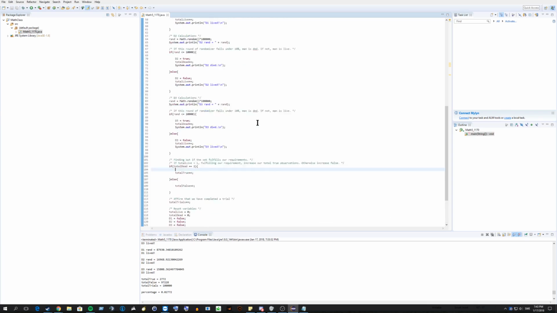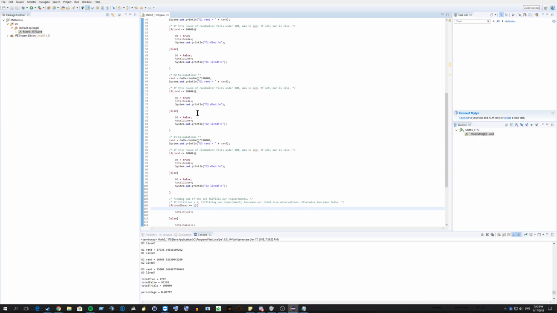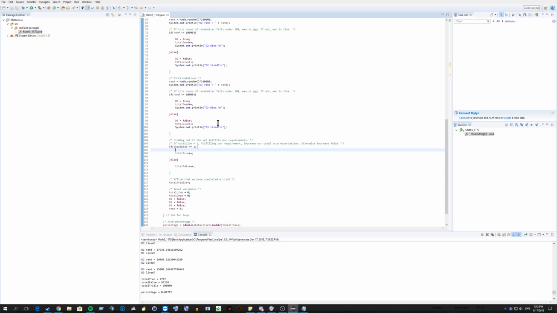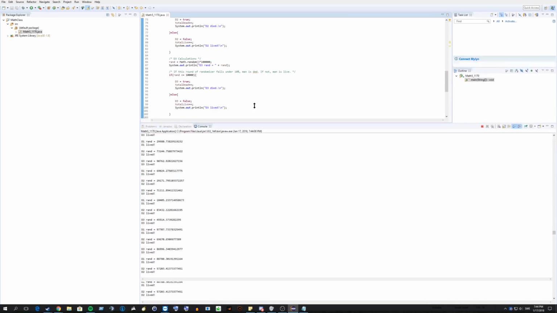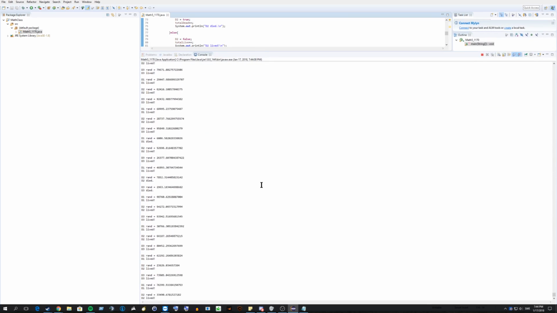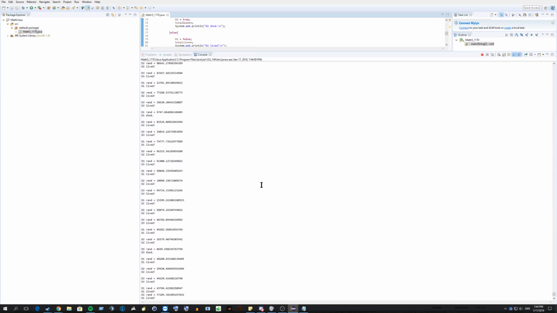So it's going to simulate this operation of randomizing the live or die chance 1,000,000 times, and then it will come out with a percentage down here. This is a wrong one because it was wrong earlier, but we've fixed it. Let's give it a shot. You can see down here in the console, it's going through quite a lot of these different calculations.